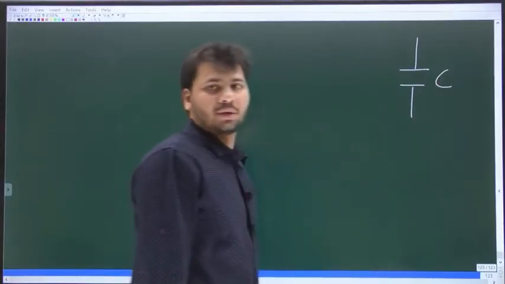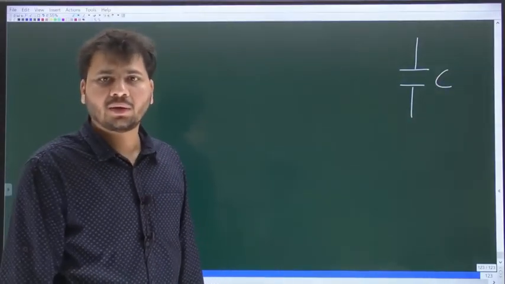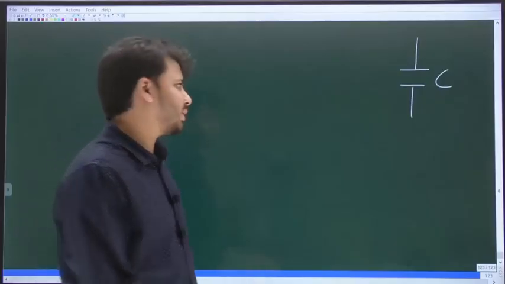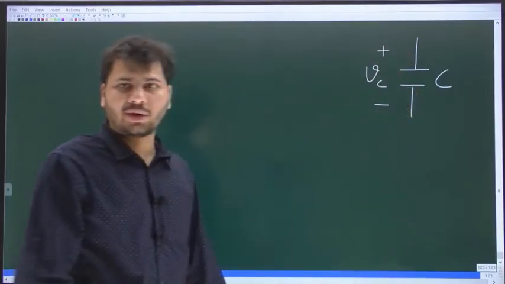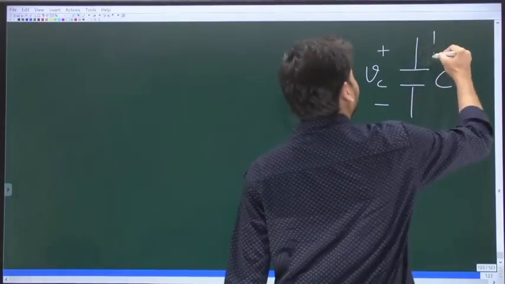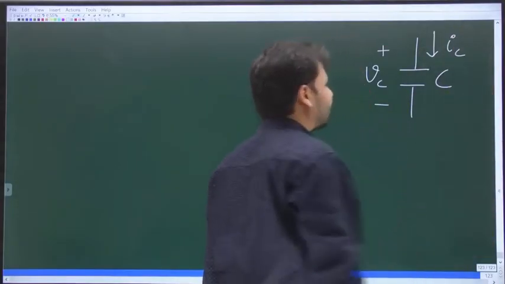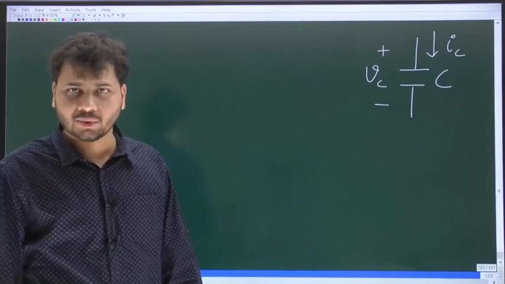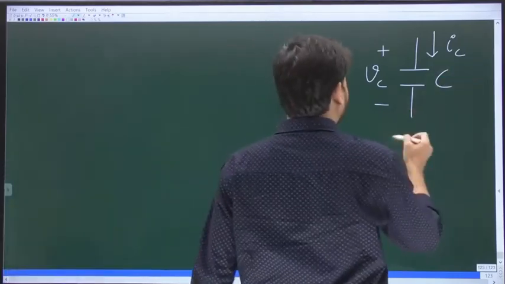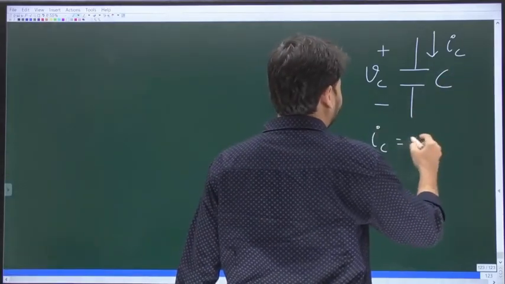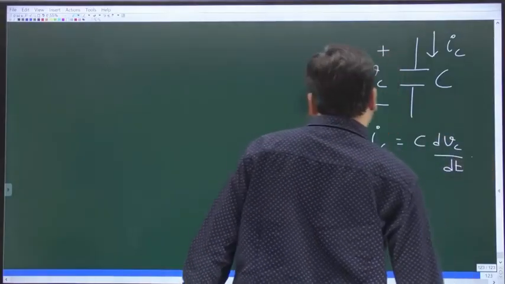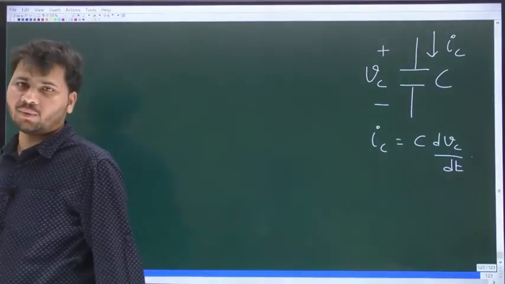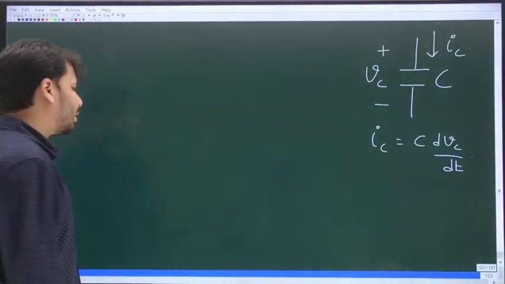So once again, let this be a capacitor whose value of capacitance is C, and Vc is the voltage across the capacitor, and Ic is the current through the capacitor flowing from plus to minus. Then you know the relation between Ic and Vc is Ic equal to C dVc by dt.